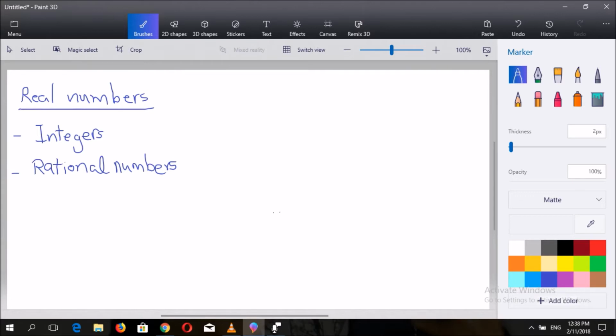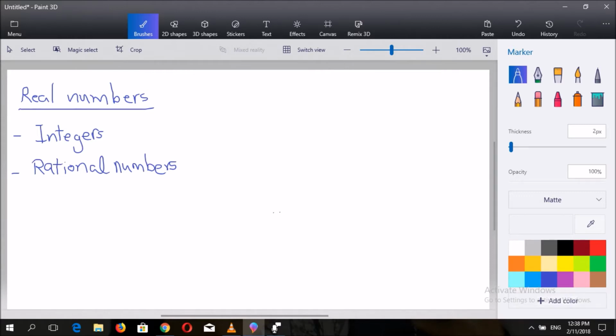These numbers are all the numbers that do have decimal points, such as 1.5, 1.2, -1.3. So all of these numbers which have decimal points in them are called rational numbers.